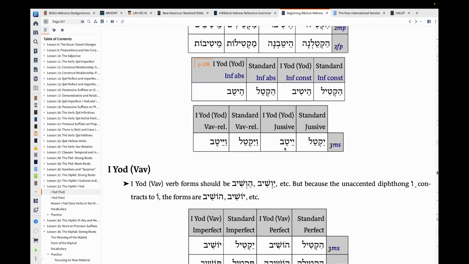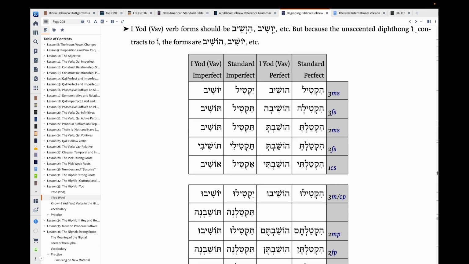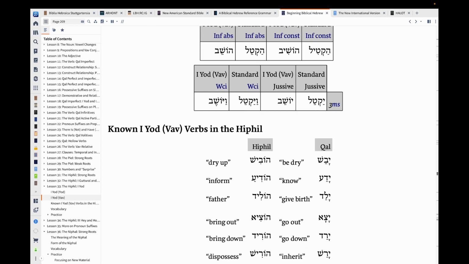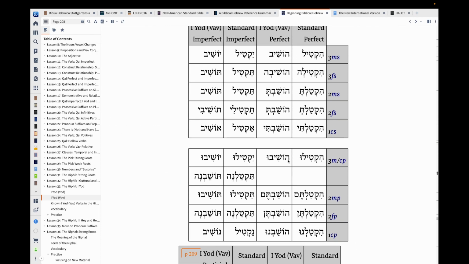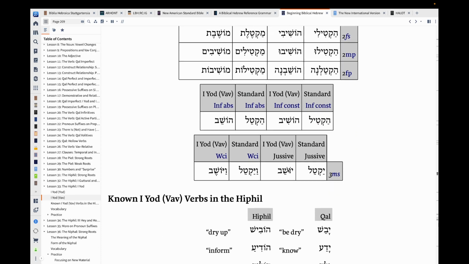Hang on now, pey yod vav. Okay, but there is no hirik yod. So what would the difference in form be between the pey yod vav perfect and imperative? I think they're going to be identical, because here we've got hoshivu, that is the pey yod vav perfect 3MP/3CP, hoshivu, but imperative is also hoshivu, so I think these two forms are identical.